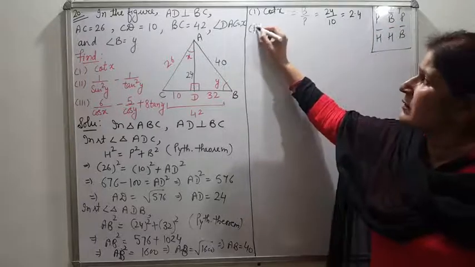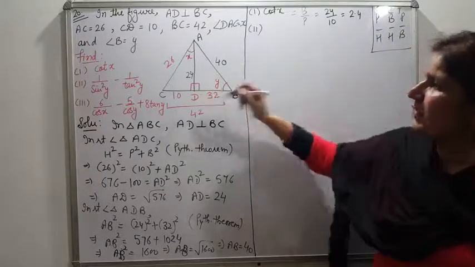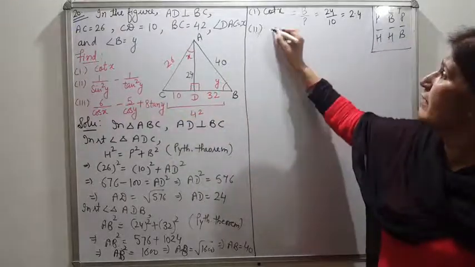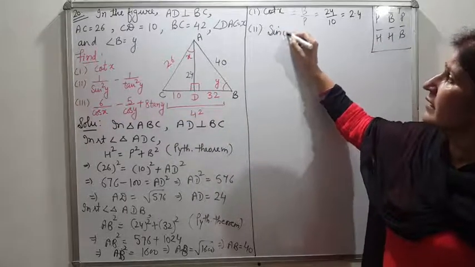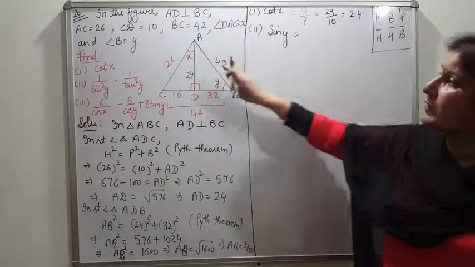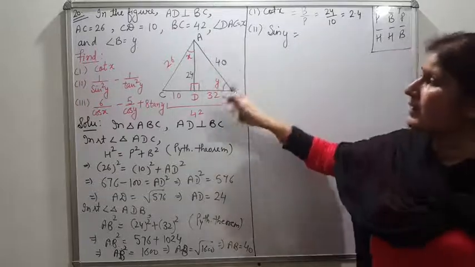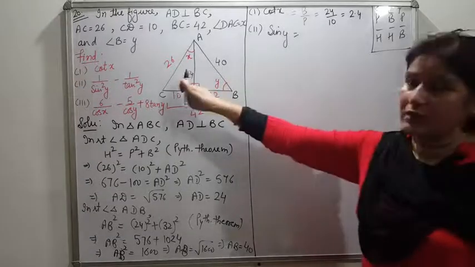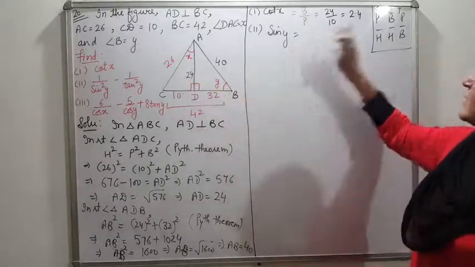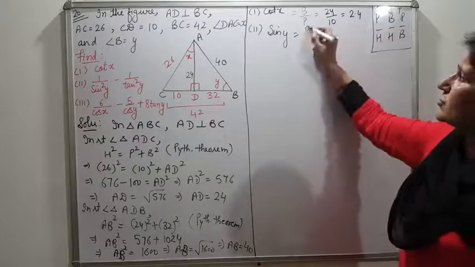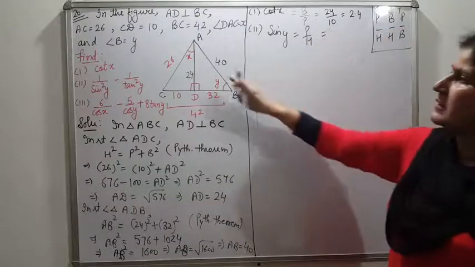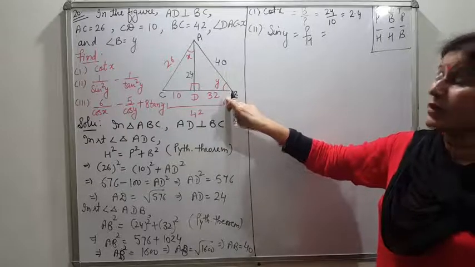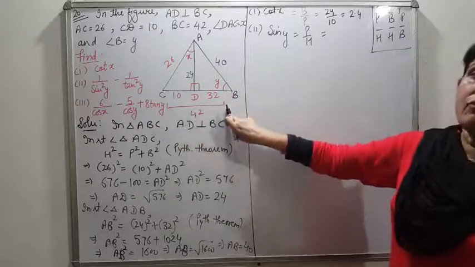Now second one, you have to find the value of sine y, tangent y. So first of all we find the value of sine y. Which triangle will we take here now? We will take triangle ABD where y angle is given. You can't go with this triangle now. So in this triangle, sine is p over h. What is perpendicular in this triangle? This is base. Where does this 32 come from? Because this total was given 42.